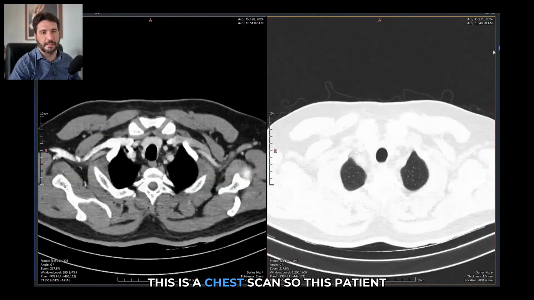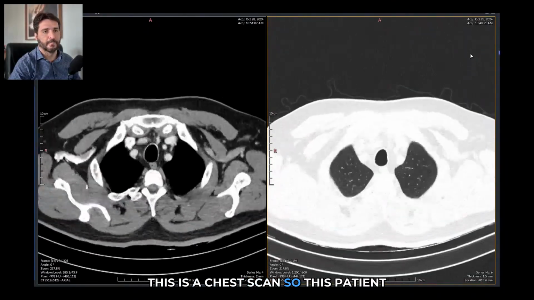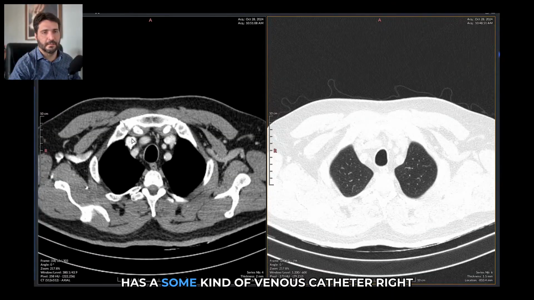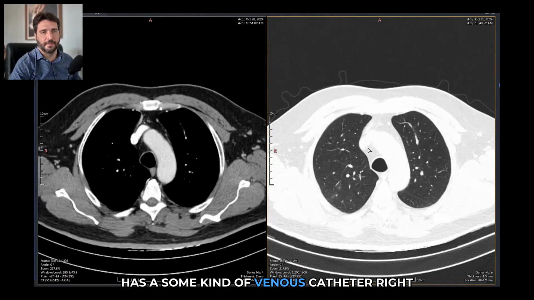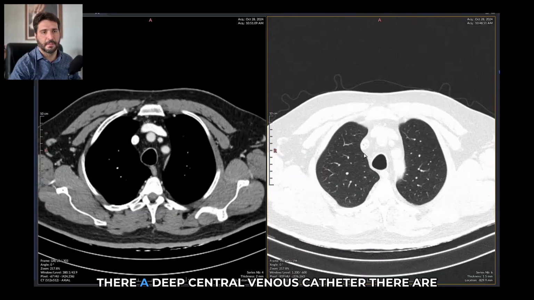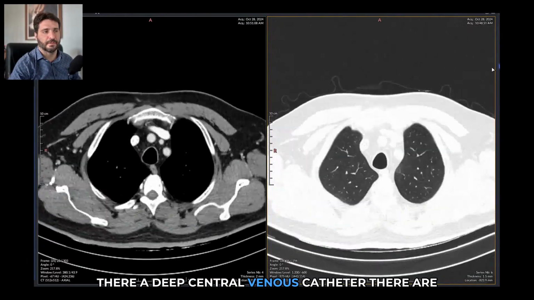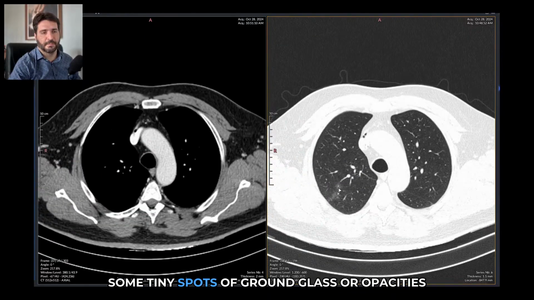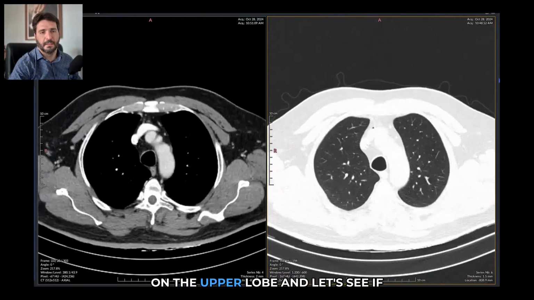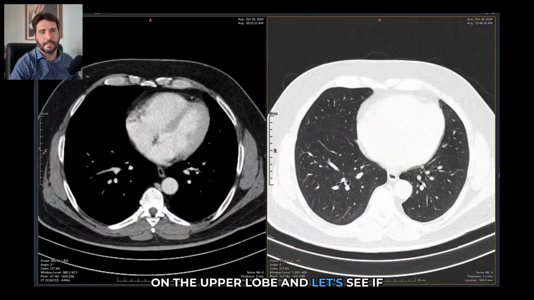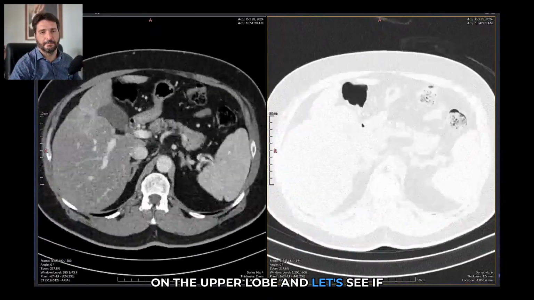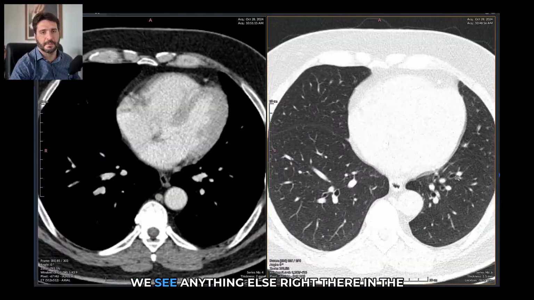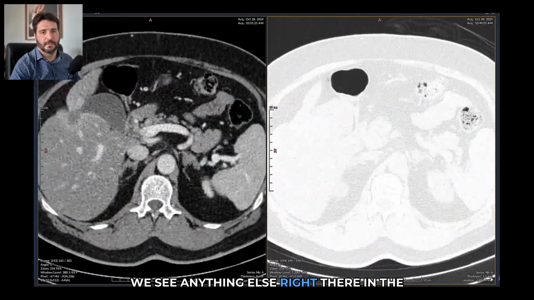So this is a chest scan. This patient has some kind of venous catheter right there, a deep central venous catheter. There are some tiny spots of ground glass opacities on the upper lobe, and let's see if we see anything else.